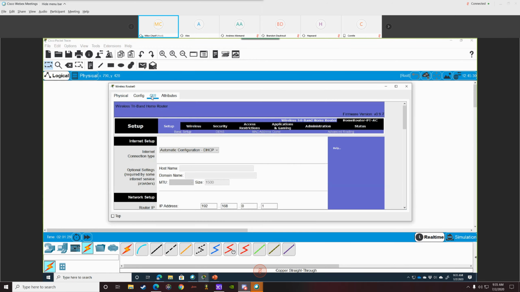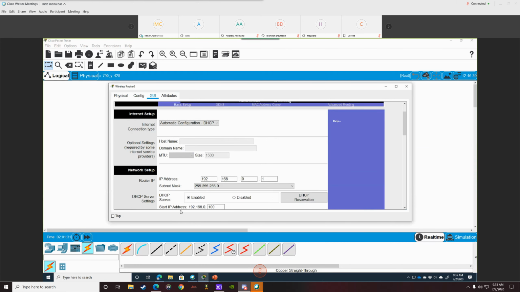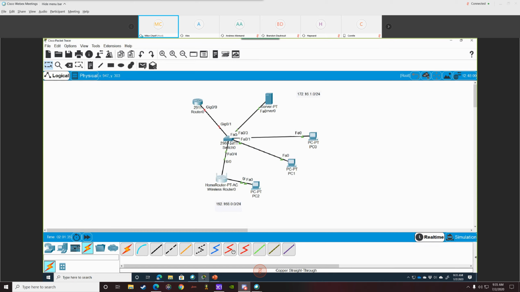Let's see. GUI. Okay, so this is a DHCP. Well, it's getting from the internet. Oh, sorry, my fault.